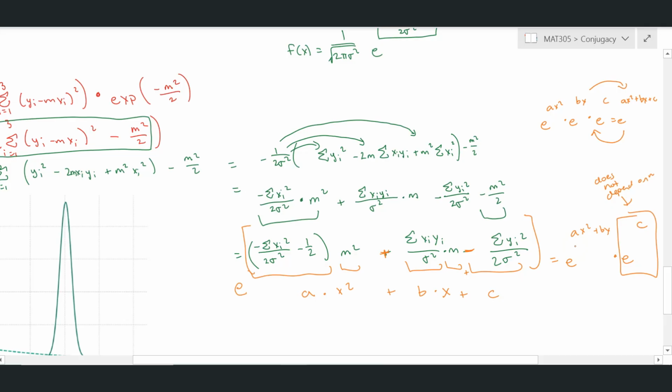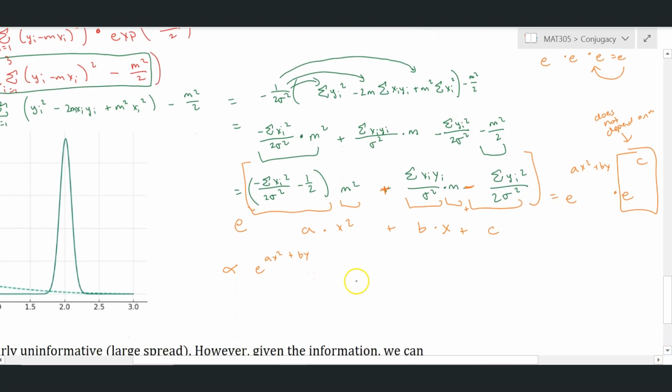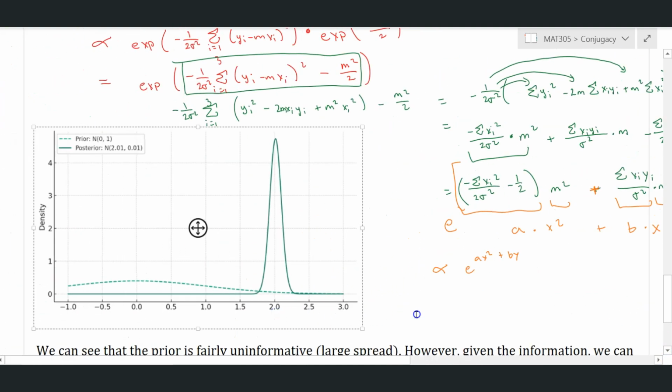So once again, I'm going to use that proportionality idea and say, well, this is actually proportional to e to the ax squared plus bx. And what that allows me to do is just focus on these 2 terms here, which I will go ahead and write.